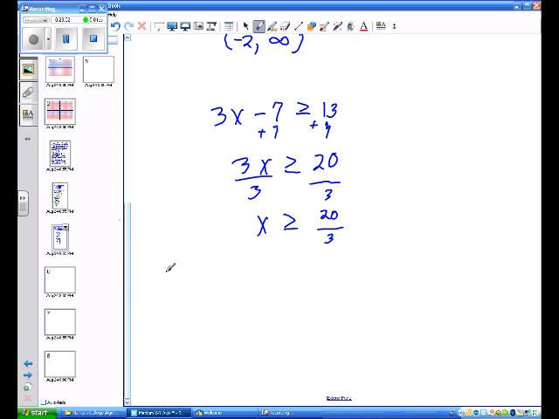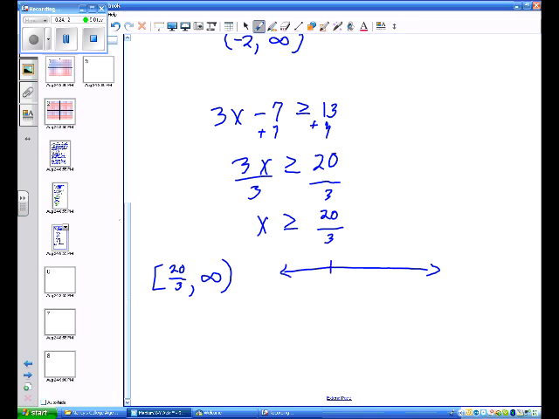In interval notation, 20/3 is our smallest amount, and it can include that. So we would start at 20/3 and go to positive infinity. Sometimes it's a little bit easier if you graph it first.